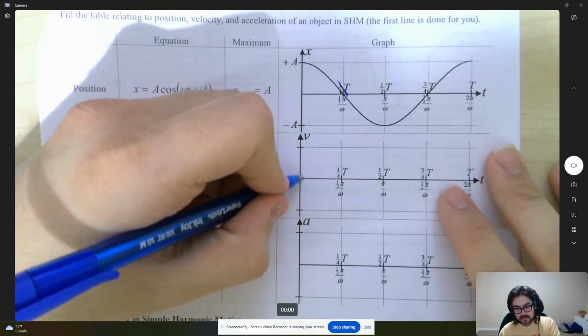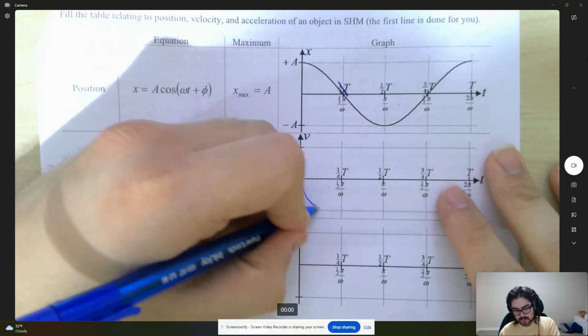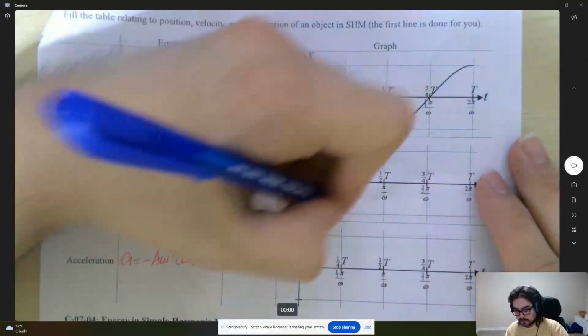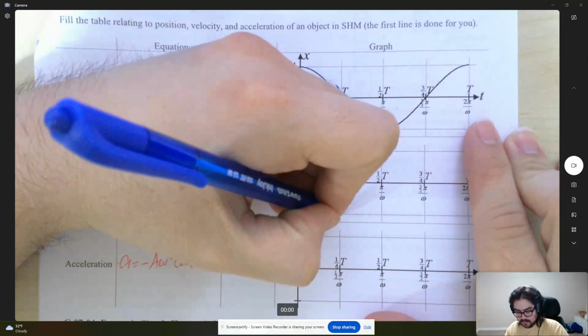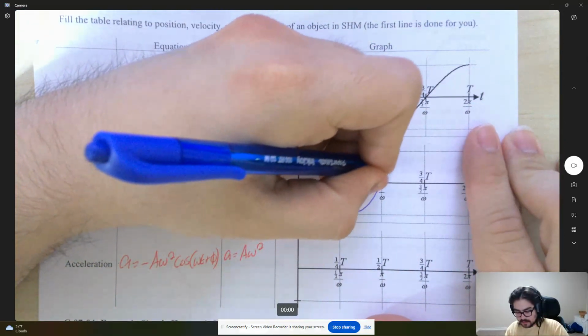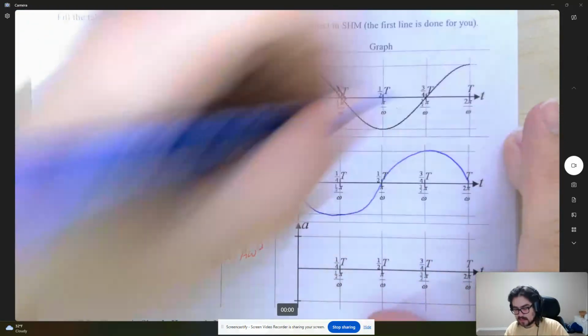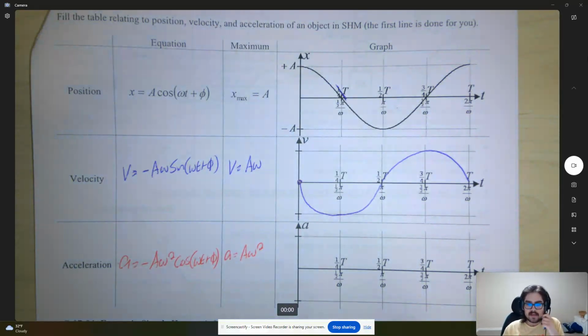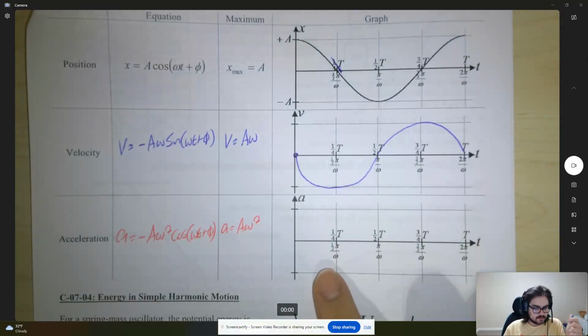So when I do this, it's going to look kind of like this for the first segment, and then you're going to notice it goes back. It eventually becomes 0 at 1/2 of T, and then it's going to curve back up just like a sine wave does.